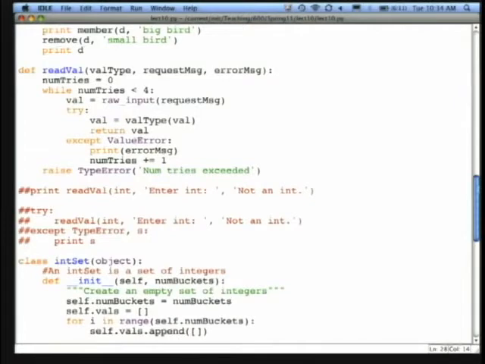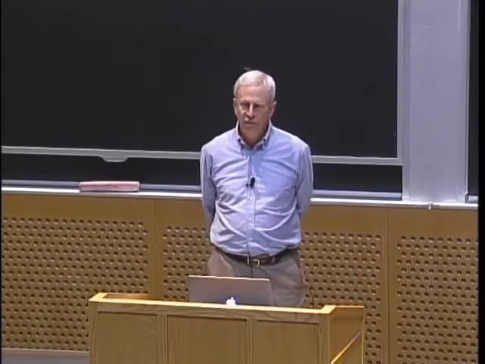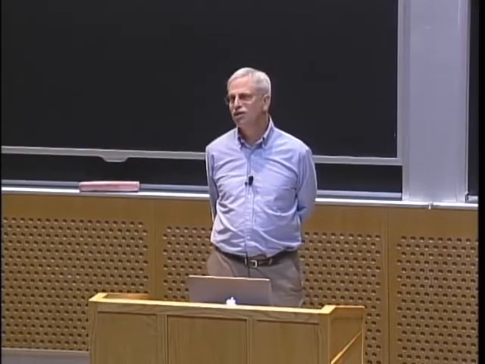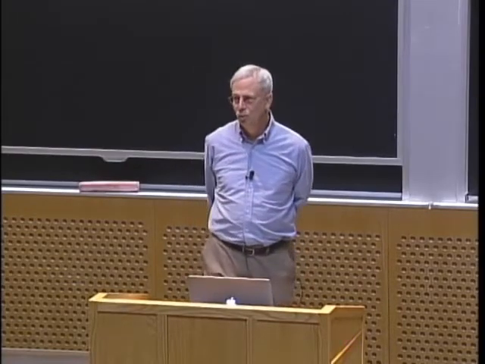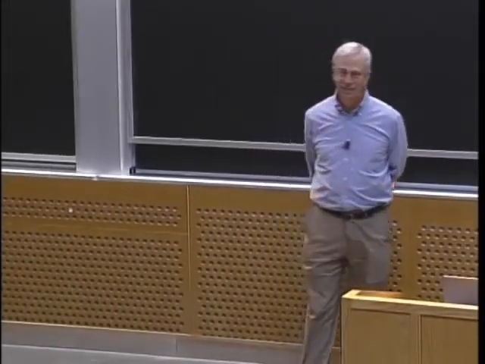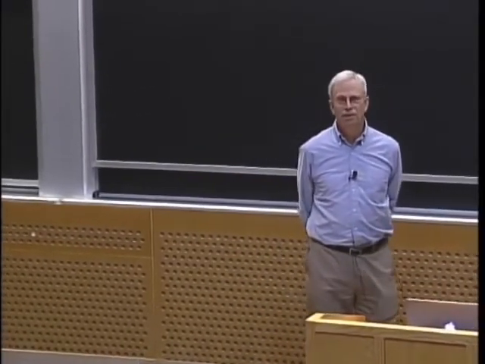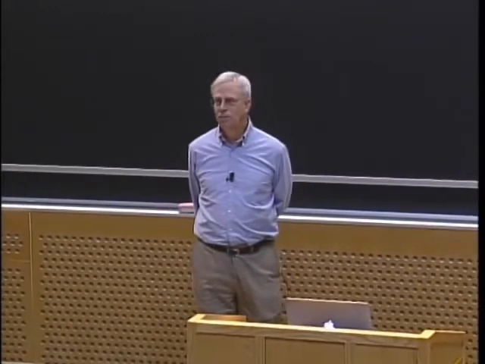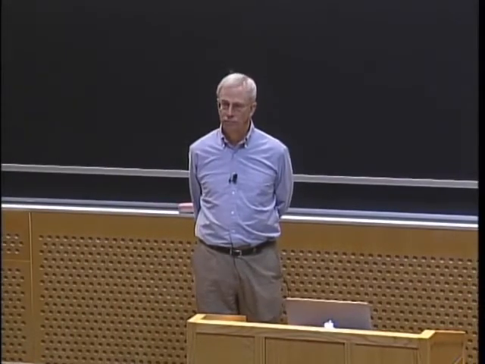So here's read val. This is a function. It's a polymorphic function. Its first argument is of type type. Remember, and you'll hear me say this 1,000 more times at least, in Python, everything is an object and can be manipulated by the program.